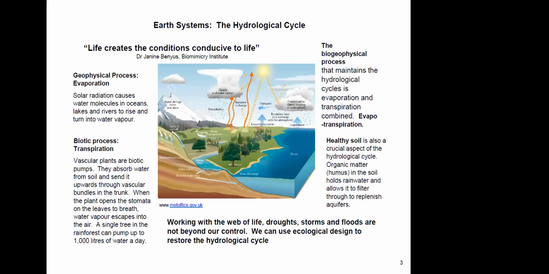So that evaporation is purely the physical laws of the universe, thermodynamics. But as we know now, and many of you might have looked at the video I posted by the climatologist and Earth system scientist Antonio Nobre, we also know that there is a biotic process involved, which is transpiration.